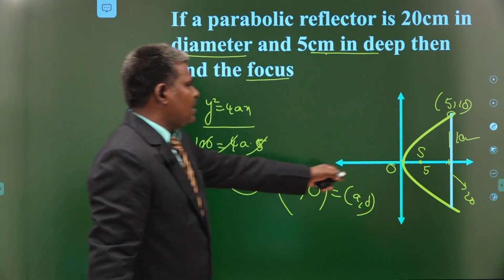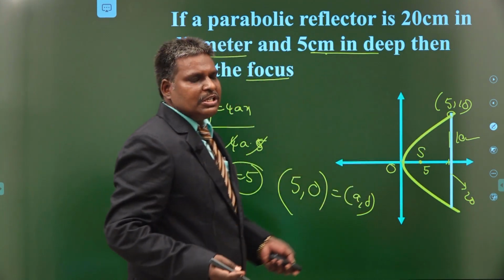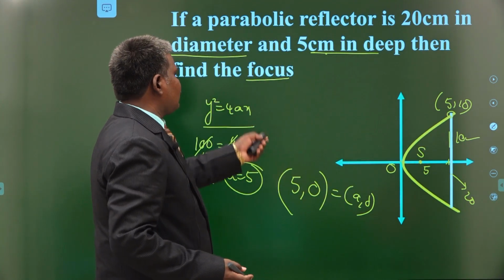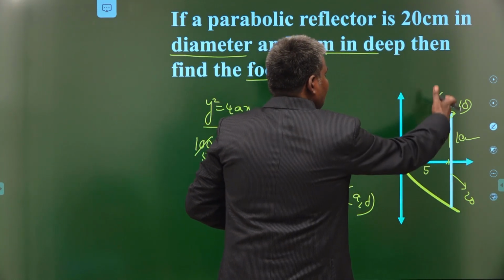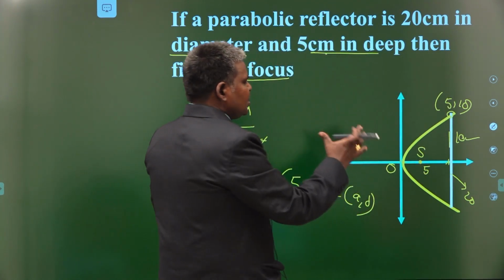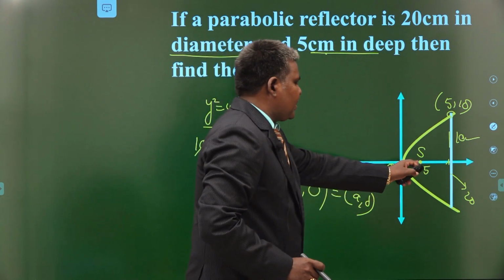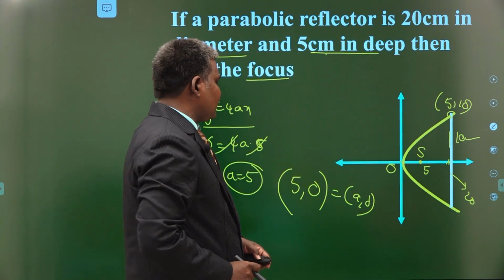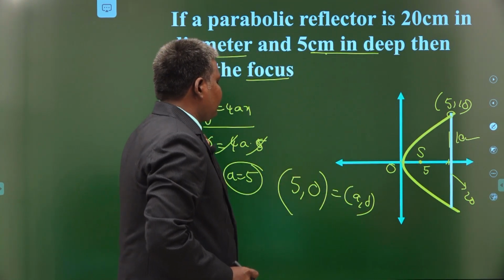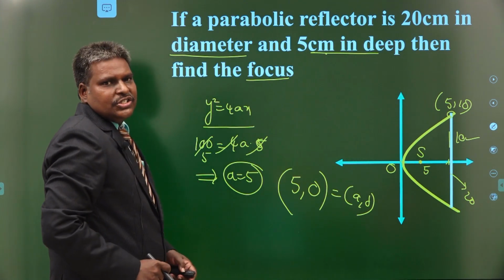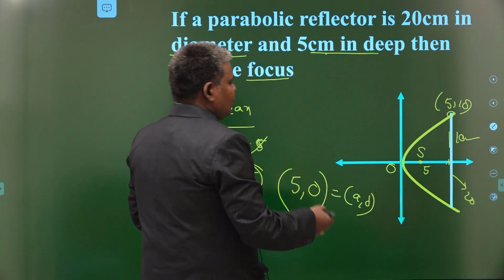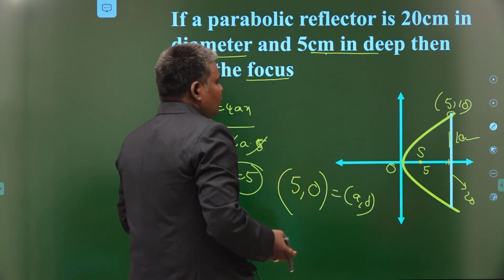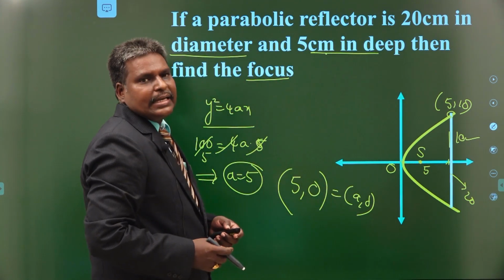In this manner, we can easily write the focus. So you just write the coordinates of this point, then your job is over. So y square is equal to 4ax for this reflector. It is the diameter, it is its depth. Once you know these two things, we can find the focus of the parabola. Your focus of parabola is what? 5, 0. Once you know this point, you can derive all these things, the directrix equation also. You can write the equation of the axis like that.